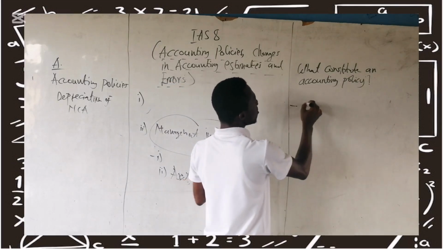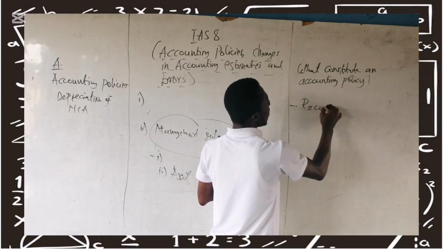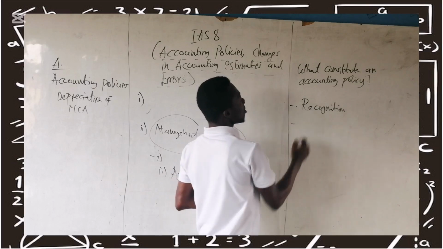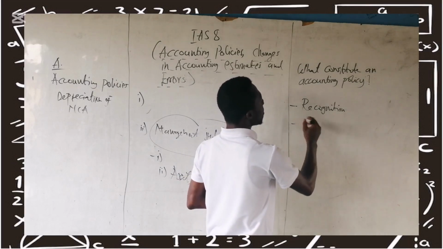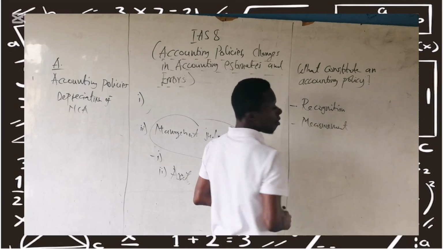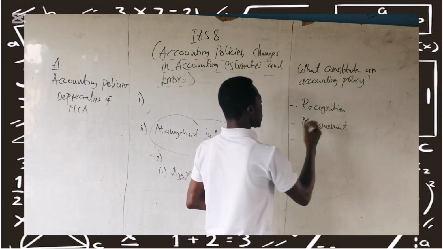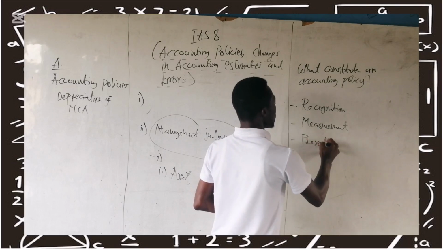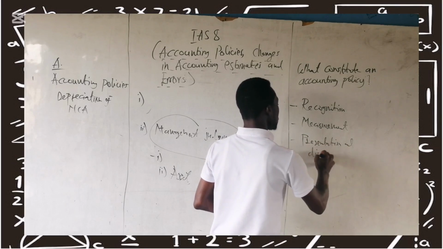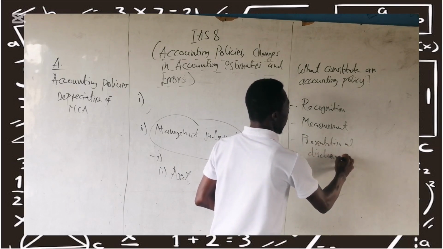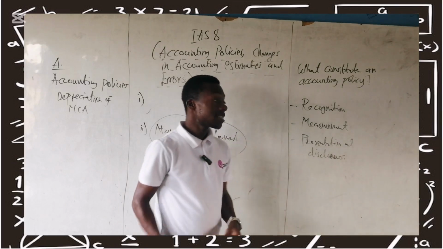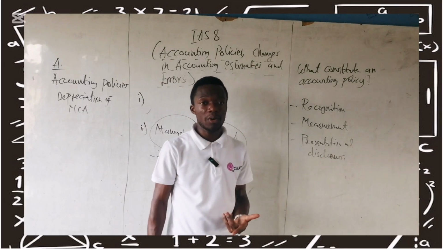We need to understand the recognition criteria of that policy, we also need to understand the measurement of that, and then lastly, presentation and disclosures. So these are the three items that constitute an accounting policy.